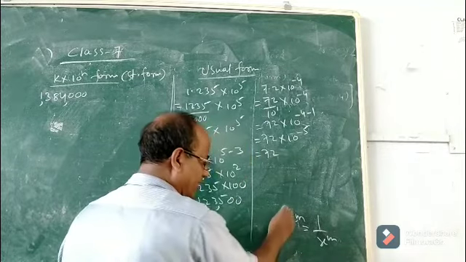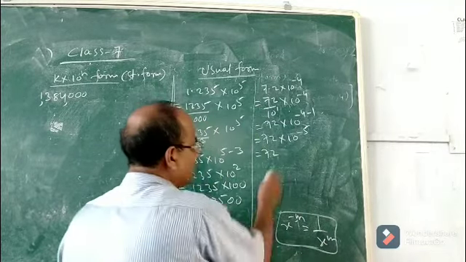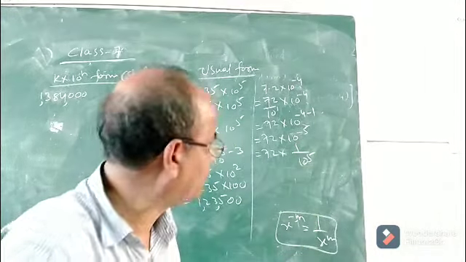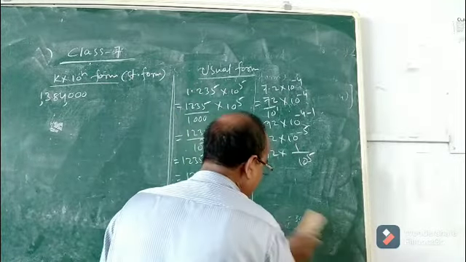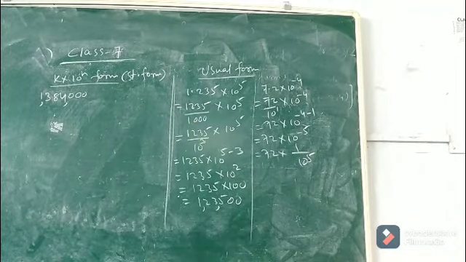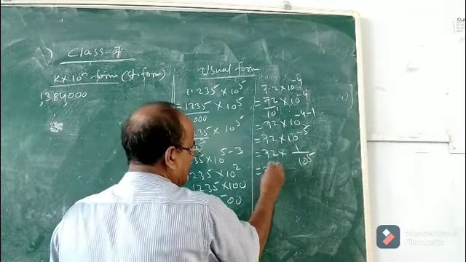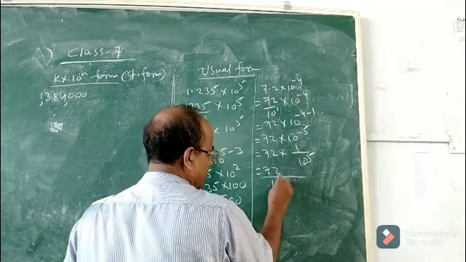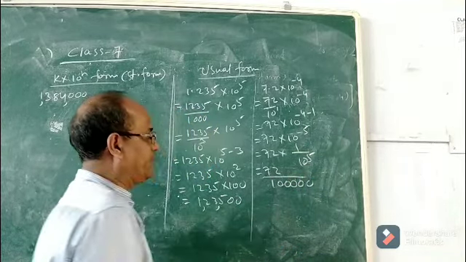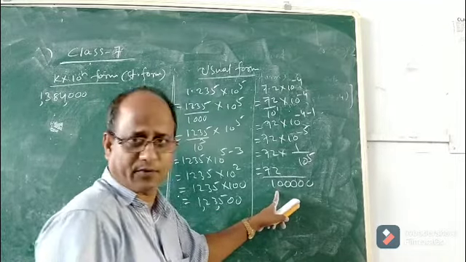We have already read it. So this will be 1 by 10 to the power 5, and this will be equal to 72 divided by 10 to the power 5. That means there will be 5 zeros after 1.